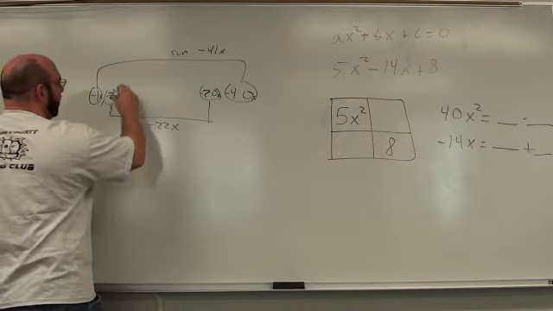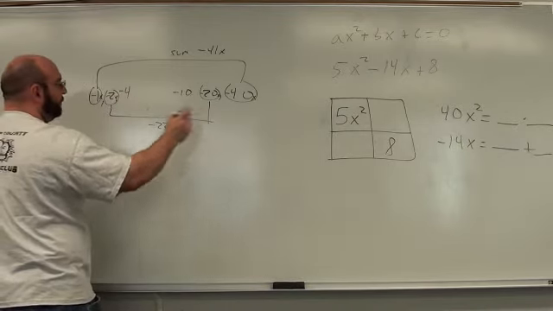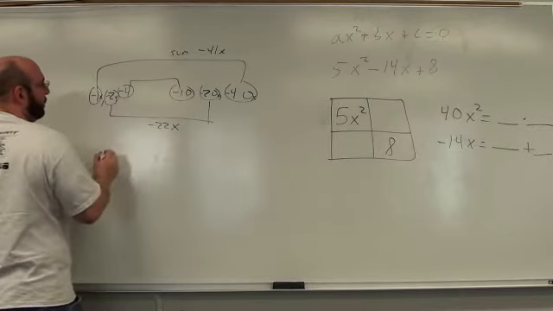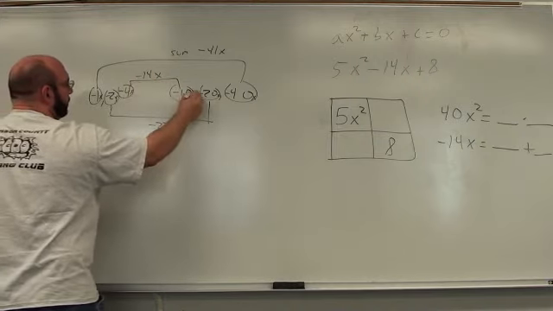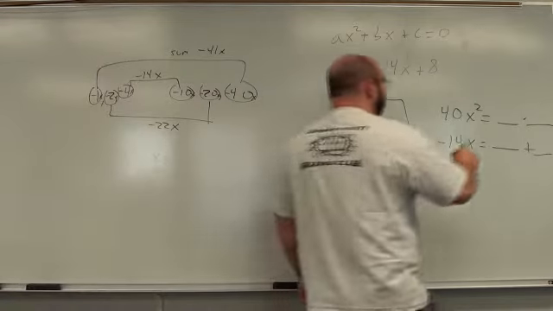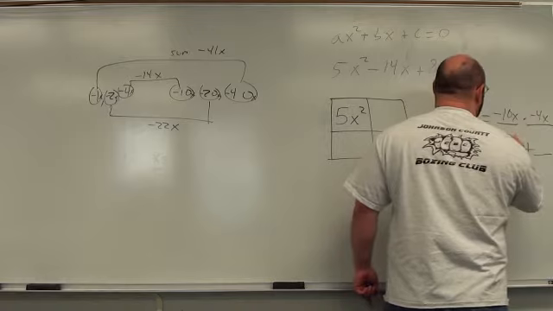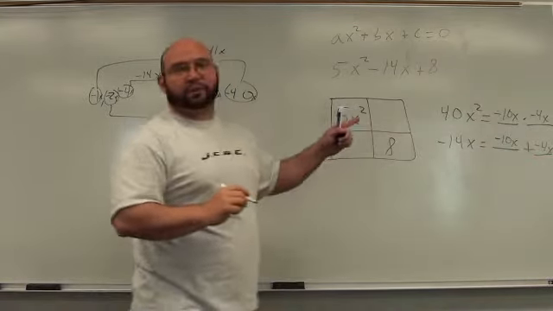Well, I know negative 4 times negative 10 is going to give me a positive 40. When I combine these two to sum them up, I'm going to get a negative 14x. So with that said, my numbers, negative 10x, negative 4x. Those are the numbers of interest.